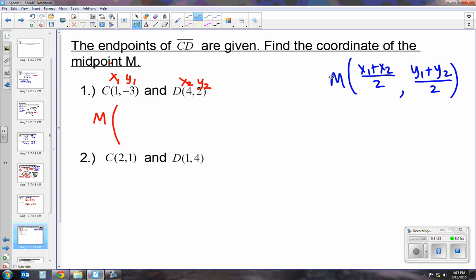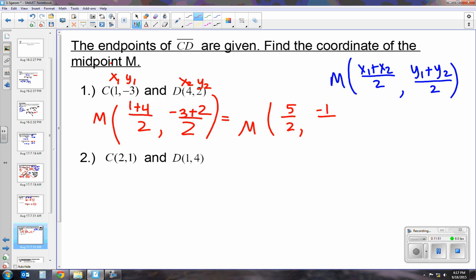So I'm going to add the x's, 1 plus 4, divide by 2, and I'm going to add the y's, negative 3 plus 2 over 2. And then I'm going to simplify that fraction. 1 plus 4 is 5 over 2. Negative 3 plus 2 is a negative 1 over 2. And that is our final answer.